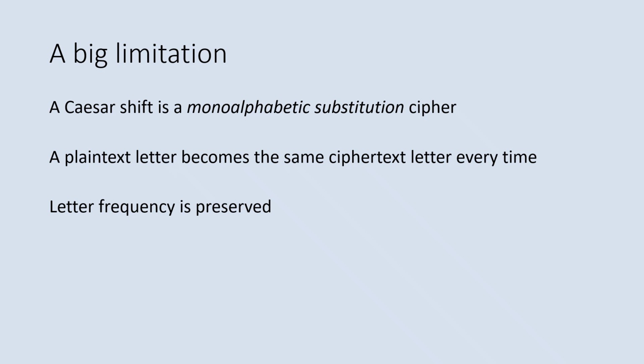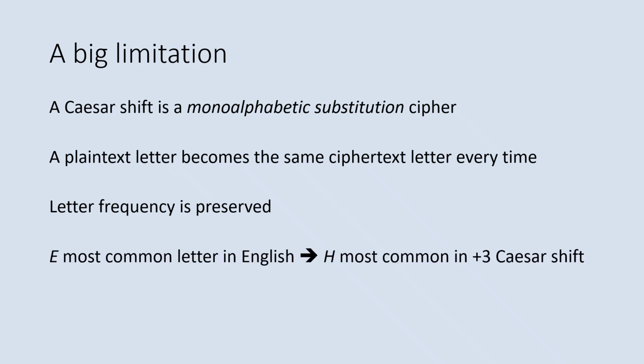And so in a written language, a language like English, French, lots of languages, for example, the letter E is the most common letter. So if you have a lot of text, then you can look at this message that's encrypted with Caesar shift, and you're able to figure out that, oh, well, this letter E is not showing up very often, but in this case, H is showing up a lot.